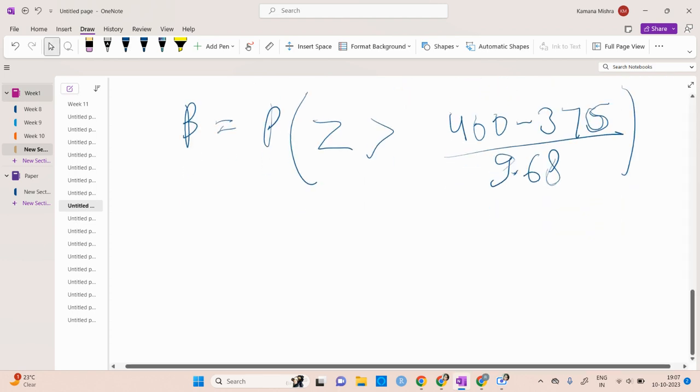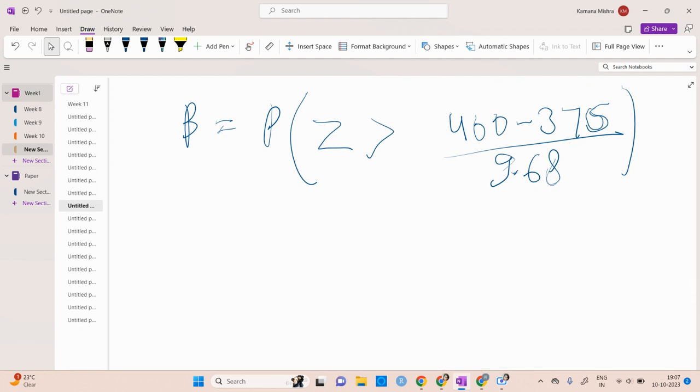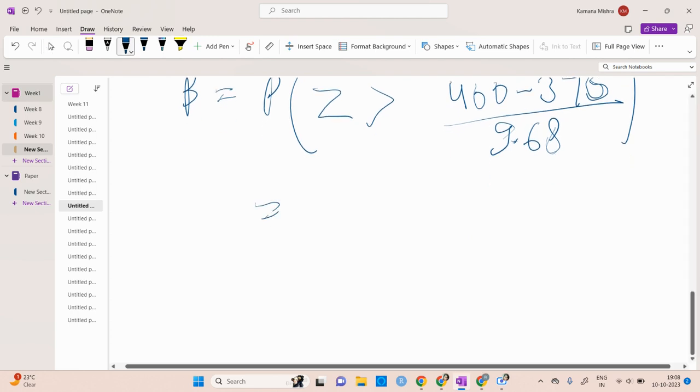So this value, 400 minus 375 divided by 9.68, is approximately 2.58.